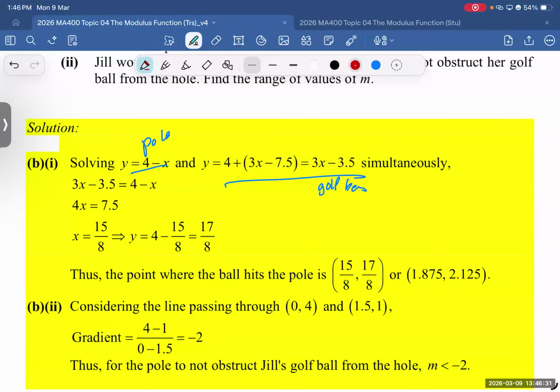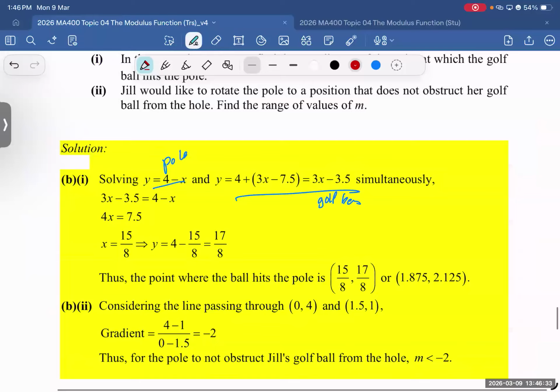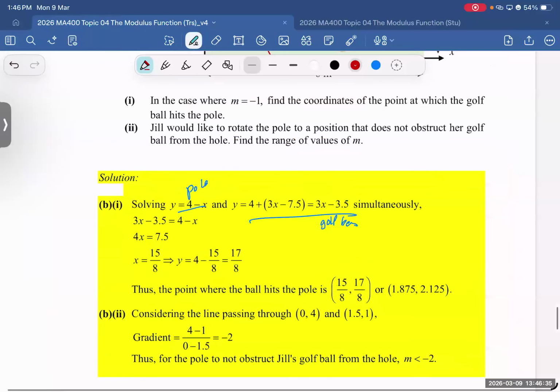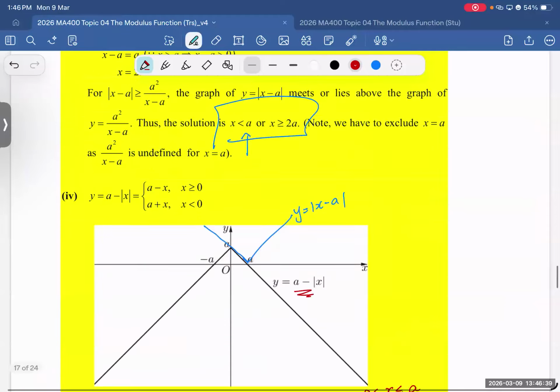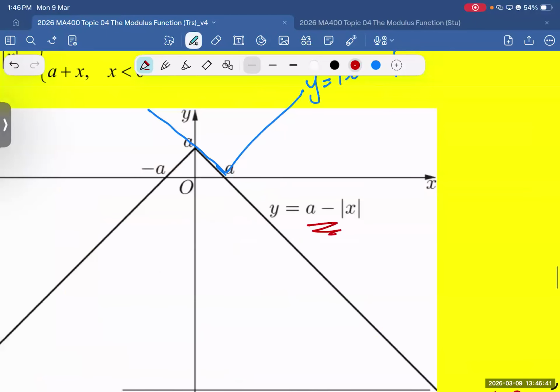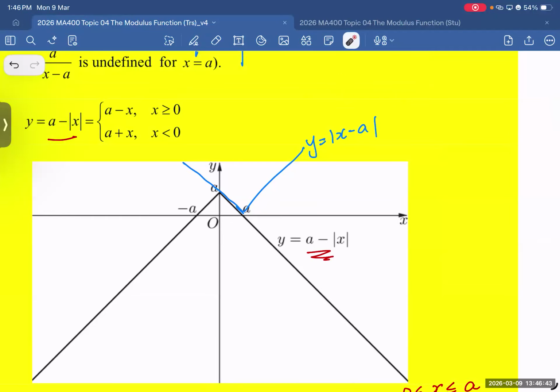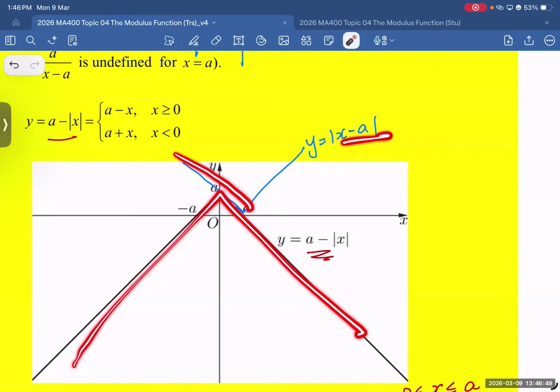3.14. 3.44. Just nice. Sadhana also needs the question. Okay, 3.44. Basically, this question: A minus X will look like this. You managed to draw? Then modulus X minus A will look like this.